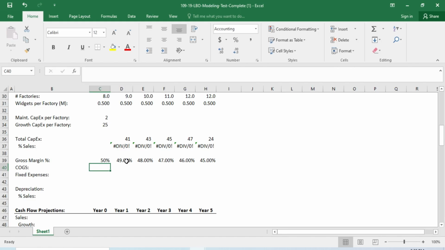Now cost of goods sold, whatever the sales are, multiplied by 1 minus gross margin. So we will get the cost of goods.